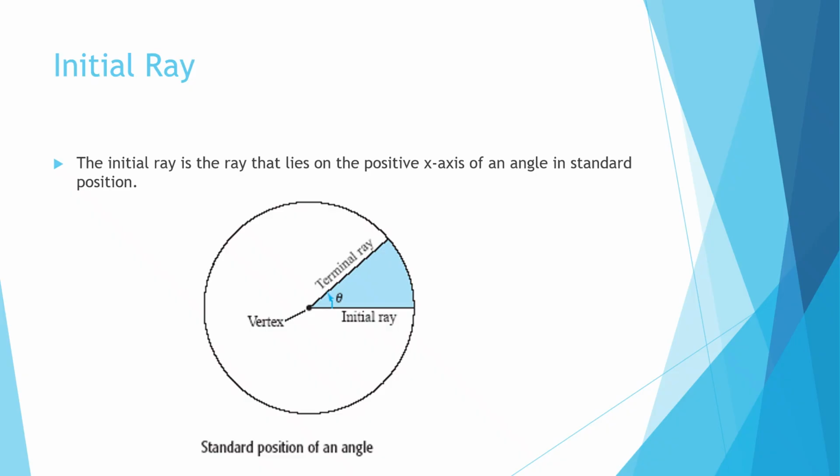So here now we have all three parts of a standard position angle. If we have our xy axis, this right here is the vertex. This right here that I'm drawing now is going to be the initial ray. And then this right here that I'm drawing in blue is going to be the terminal ray. And that is a standard position angle.